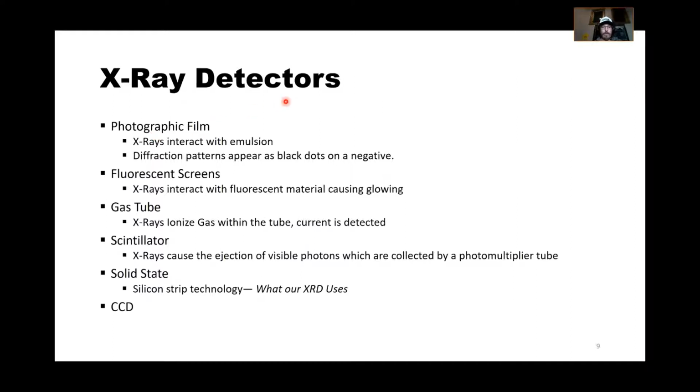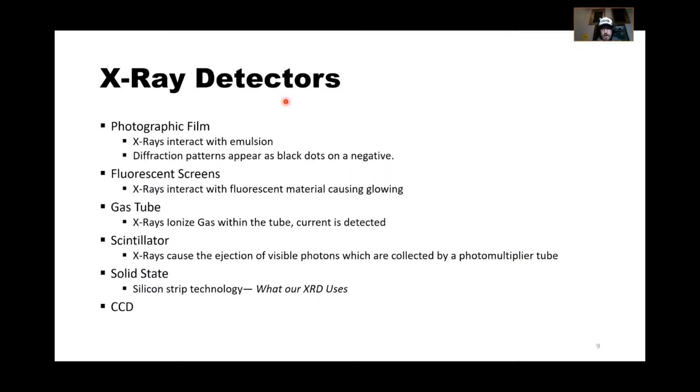The X-rays interact with the emulsion, kind of just like developing regular photographic paper, and the diffraction patterns appear as black dots on a negative. Anyway, fluorescent screens. Fluorescent screens are actually really good X-ray detectors, and I have a fluorescent screen that I use to look at the beam.